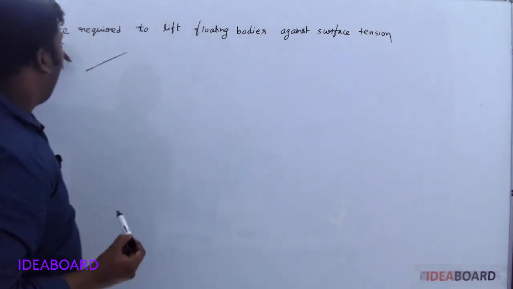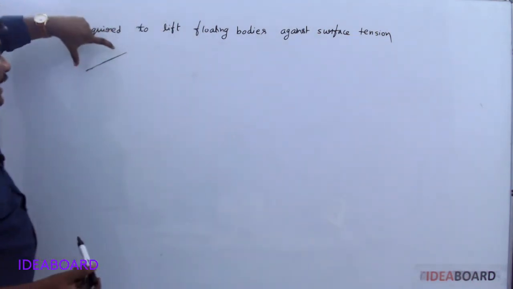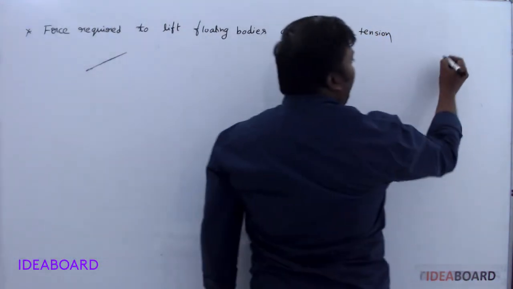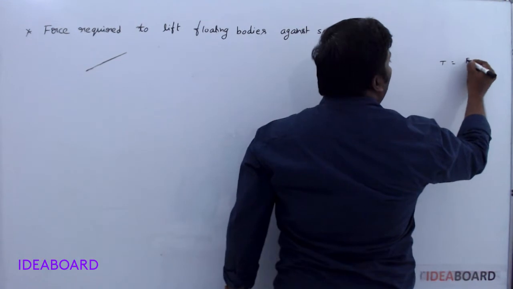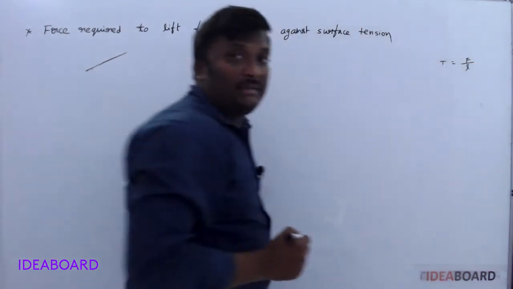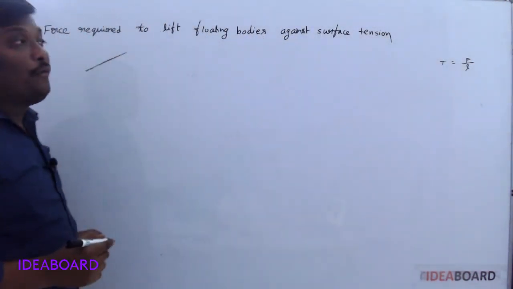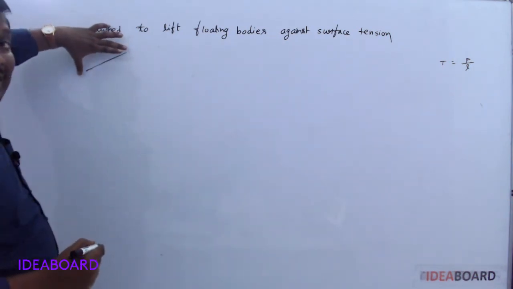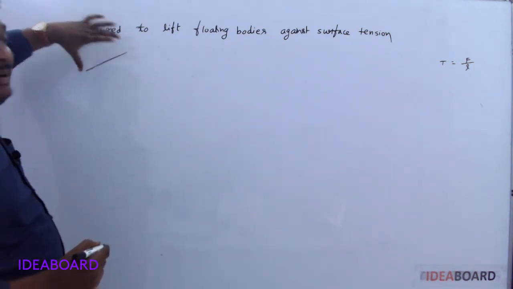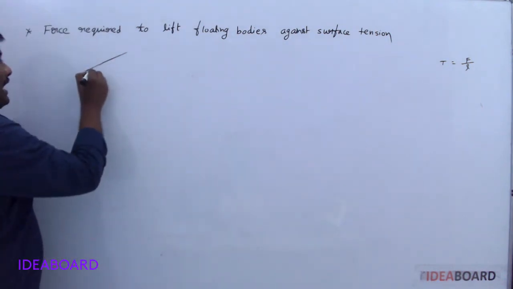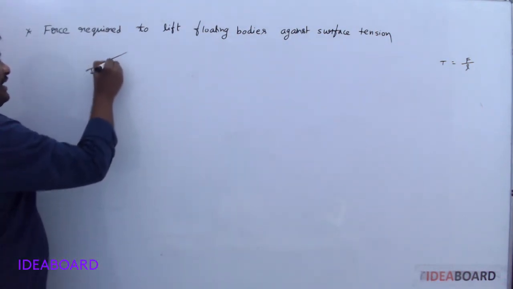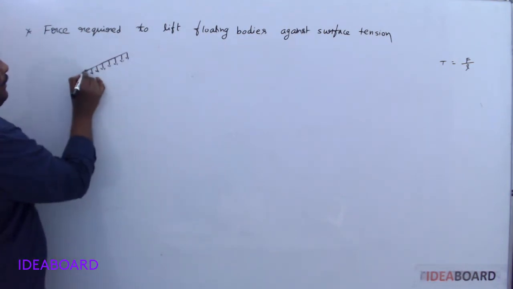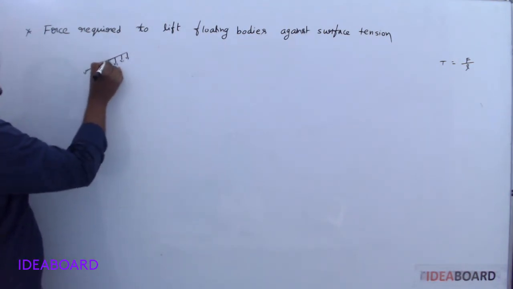Now, in order to lift this needle, how much force is required? Keep in mind, the formula for surface tension is force per unit length. So they are asking about the force. Force is equal to surface tension into length. It is a tangential force per unit length. Here the force acts in this direction along this length, and the force also acts in the backward direction along this length.